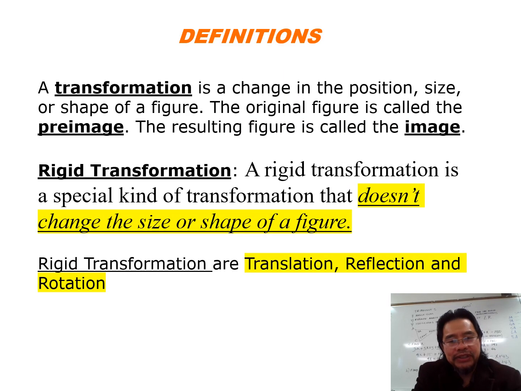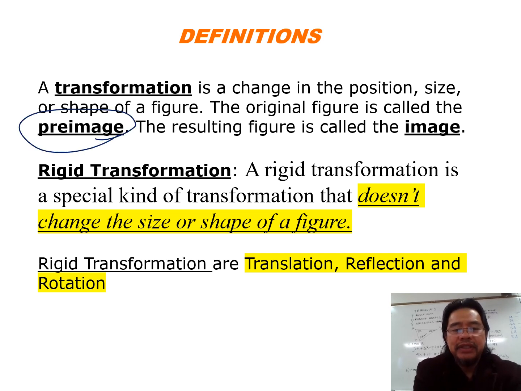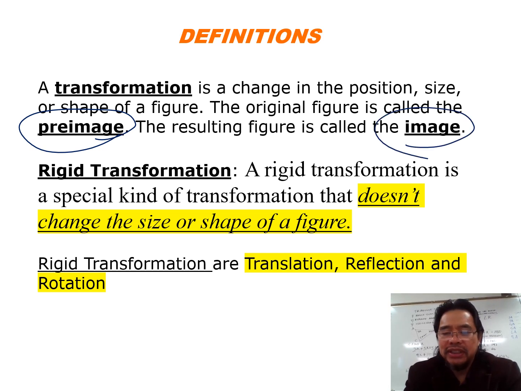So as definition, transformation is a change in the position, size, or shape of a figure. The original figure is called the pre-image, and the resulting figure is called the image. So we will be using those terms, guys. Rigid transformation is a special kind of transformation that doesn't change the size or shape of a figure.